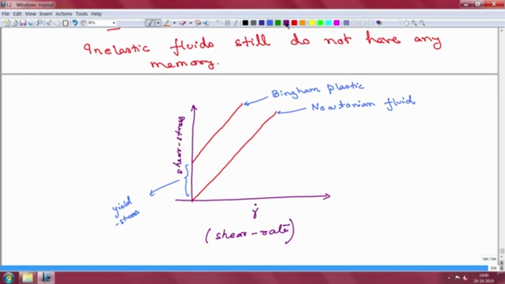A slightly different type of material here would look like this, with a yield stress, but where this relationship may no longer be linear. This is what is called the plastic flow. So, this is your plastic. Here the material has a yield stress.